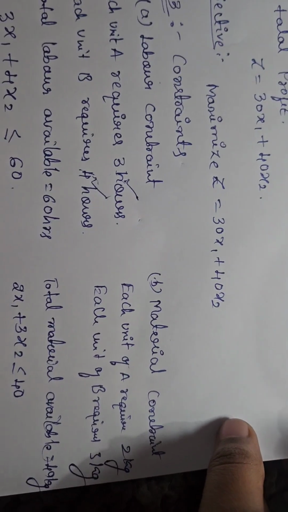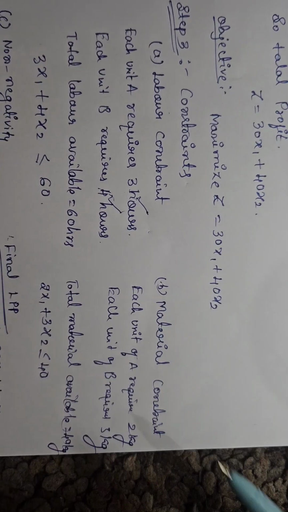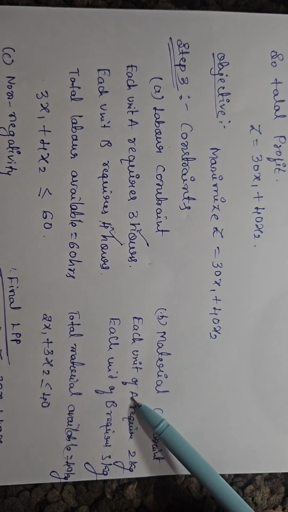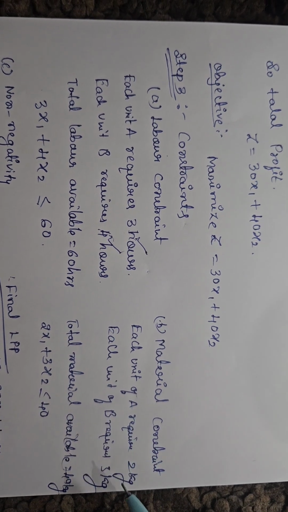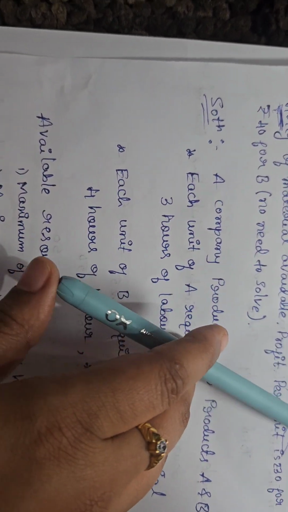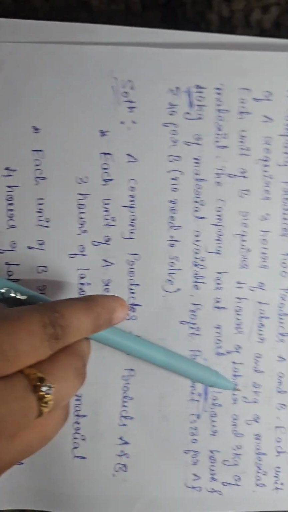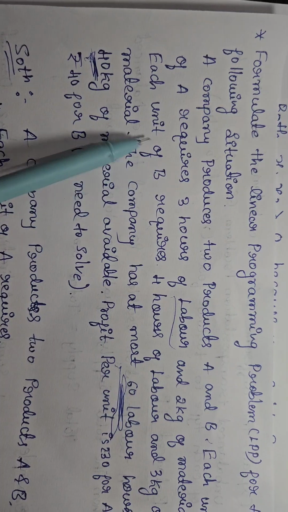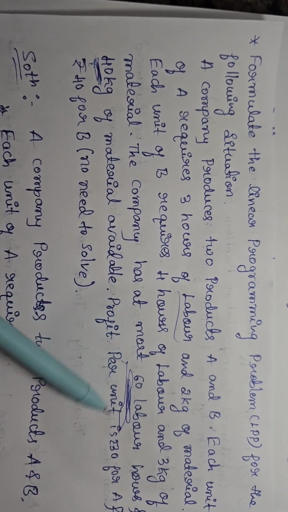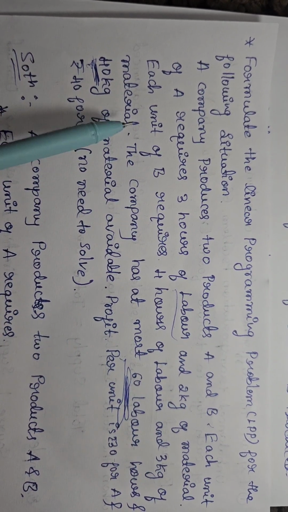After that, we come to the material constraint. Each unit of A requires 2 kg, each unit of B requires 3 kg of material.